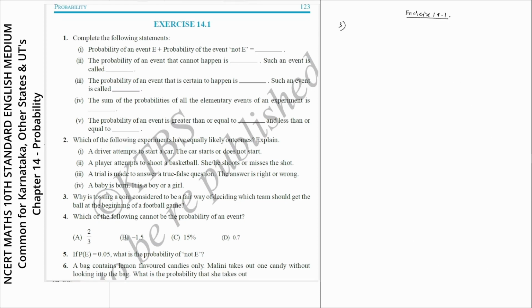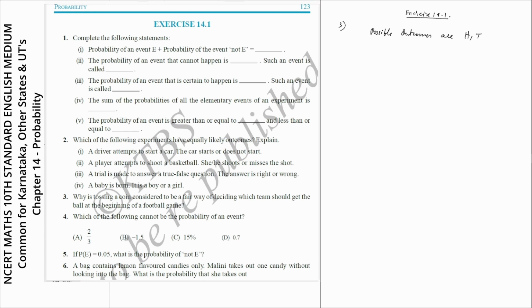Exercise 14.1, question number 3. Why is tossing a coin considered to be a fair way of deciding which team should get the ball at the beginning of a football game? In tossing a coin, the possible outcomes are head and tail.